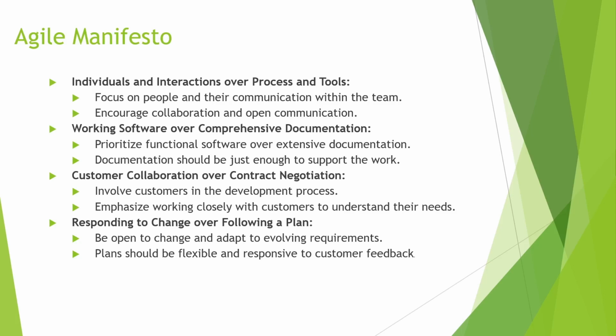Customer collaboration over contract negotiations. To understand that, you need to know how the waterfall model used to work. In the waterfall model, everything was planned in the very initial phase. The documentation and everything was done in the planning phase, and then the customer would get the final product.